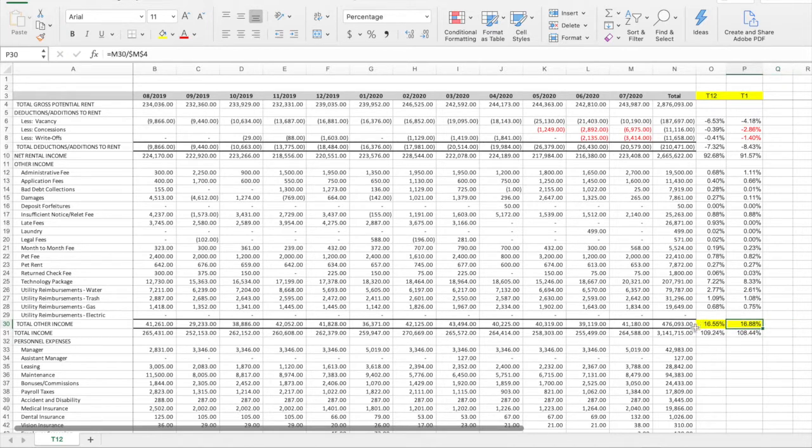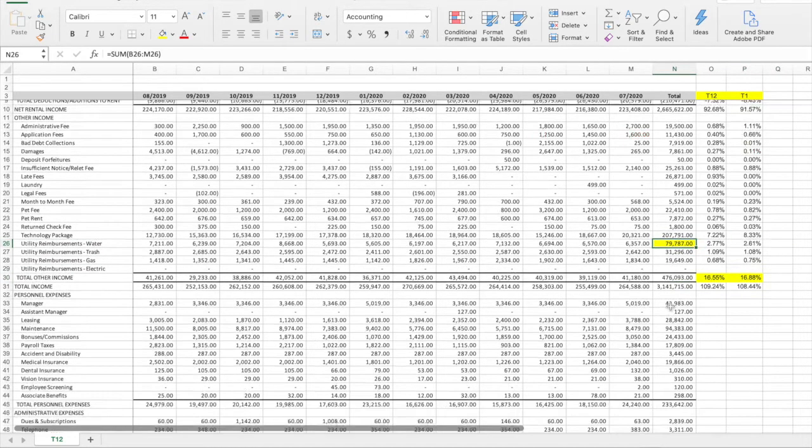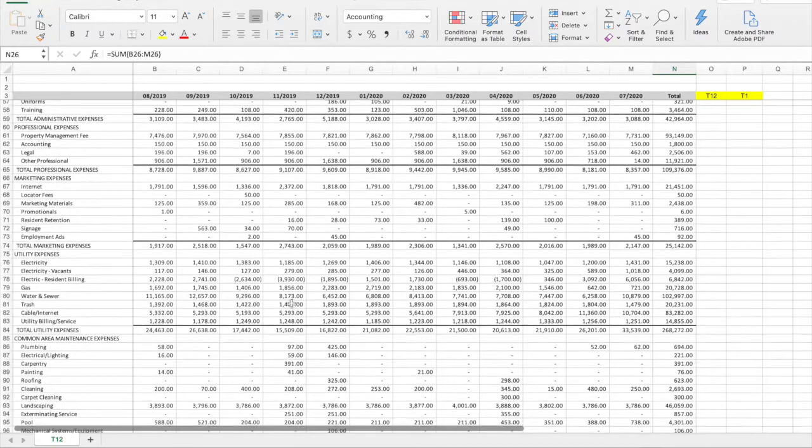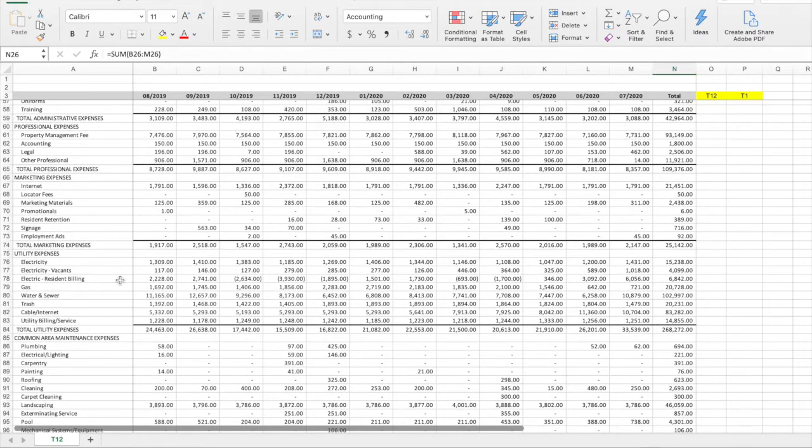Are there ways to continue to grow other income, potentially maybe through billing back more water? So another quick, easy tip right here is you can say, okay, if this is my water bill, then we can scroll down to see what they're actually using. So 102,000 is the water bill.